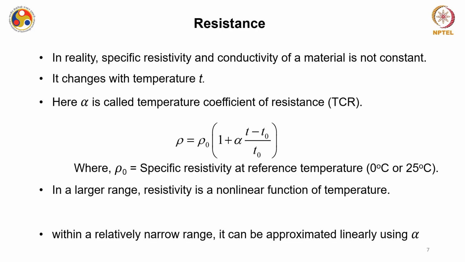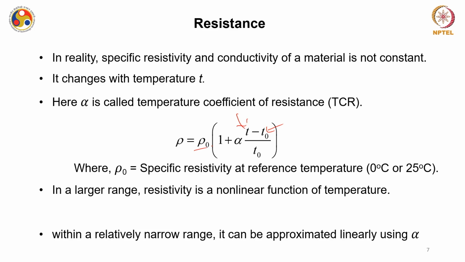Usually the specific resistivity and conductivity of a material is not constant, okay. It is basically a property of temperature, okay. It changes with temperature. The equation is very long on temperature dependency, but the simplified form can be written as rho is equal to rho naught into 1 plus alpha (T minus T naught) by T naught, where T naught is the initial temperature and T is the final temperature, okay.